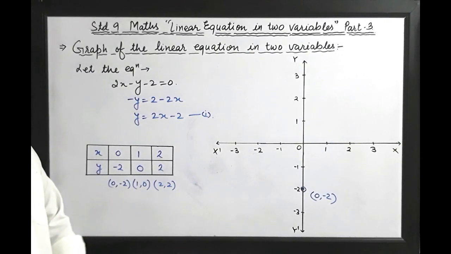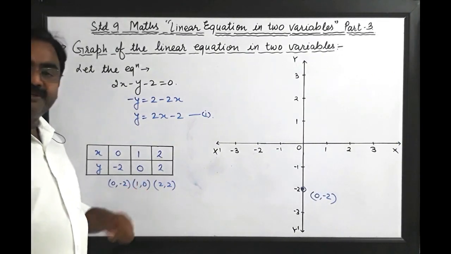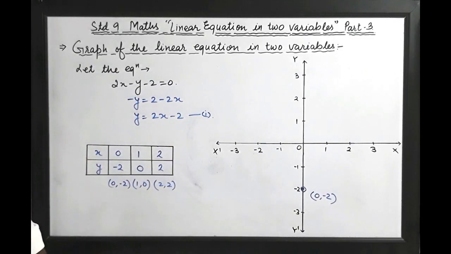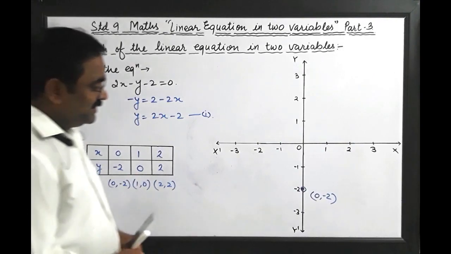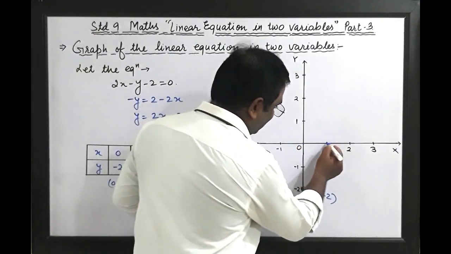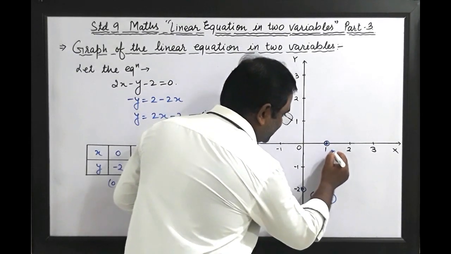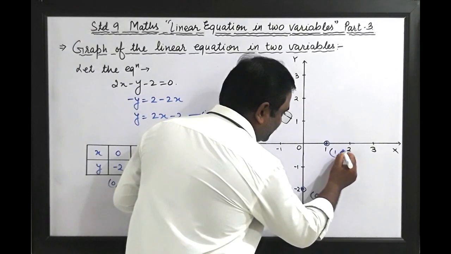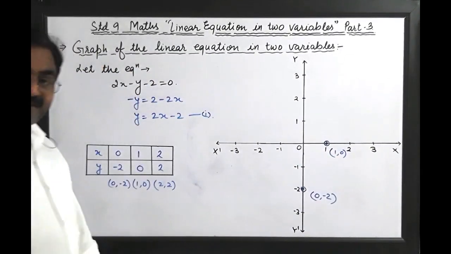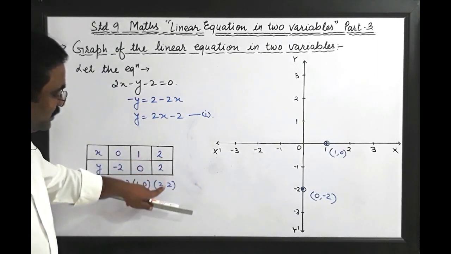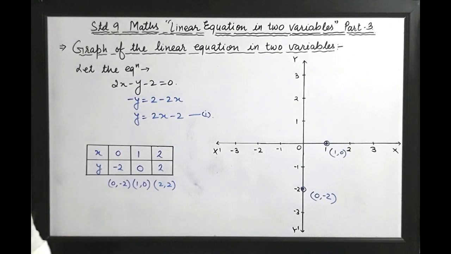Right? Now, let's plot the second point, which is 1, 0. It means 1 on x-axis and 0 on y-axis. So this is the point whose coordinates are 1, 0. Right, children? Now, the third point is 2, 2. So 2 on x-axis and 2 on y-axis means this lies in the first quadrant.